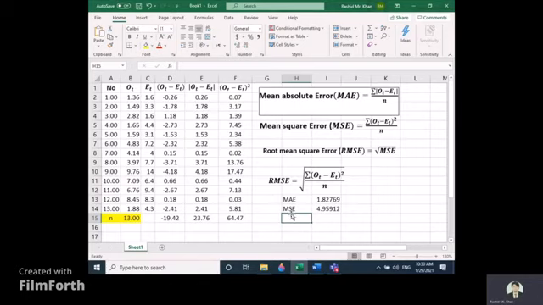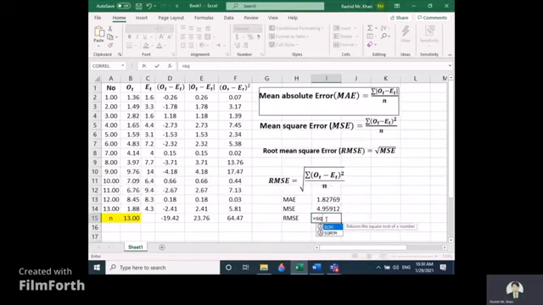So this is the MSE value, mean square error. And the RMSE is very simple, just the square root of the MSE. For square root you have to click here, SQRT. That's the square root, and just put the MSE value, put another bracket and enter. This is the square root.